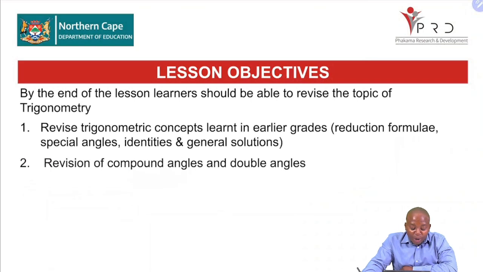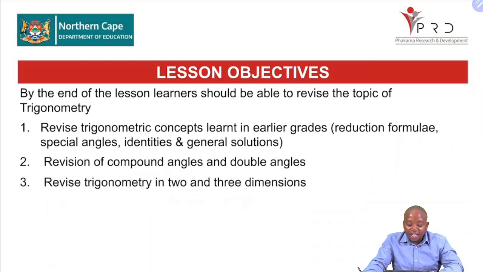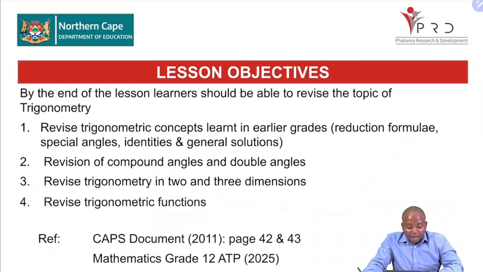Number 2, we are revising the compound angles and double angles as we have done them this year in grade 12. Number 3, we are revising the trigonometry in 2 dimensions and 3 dimensions that include the concepts from grade 11, 10, and 12. And we're going to revise our trig functions as they come from grades 10, 11, and 12.